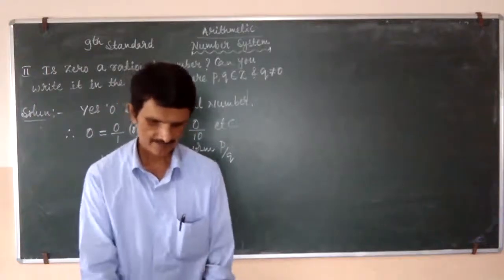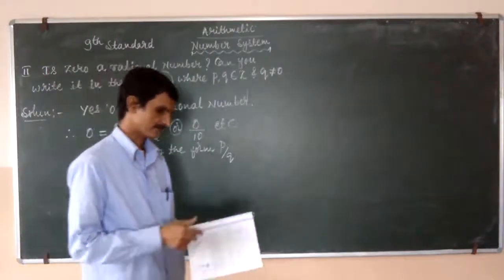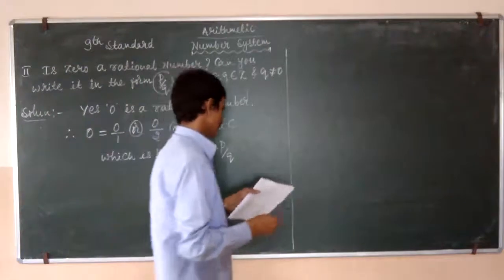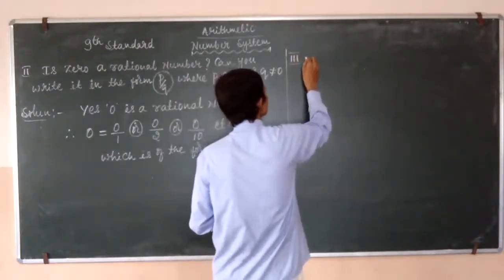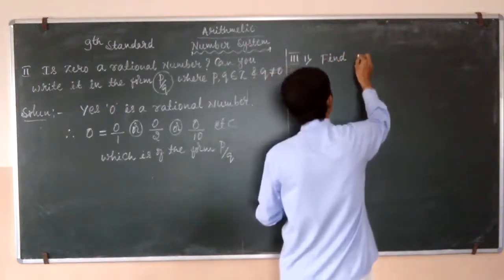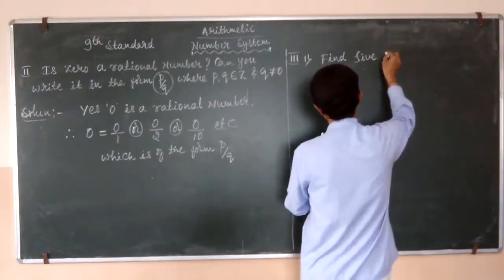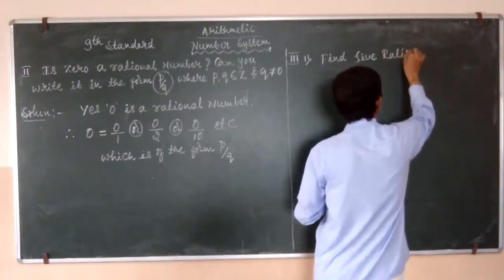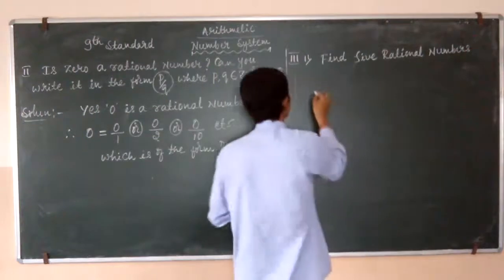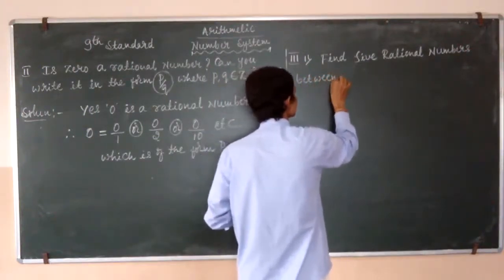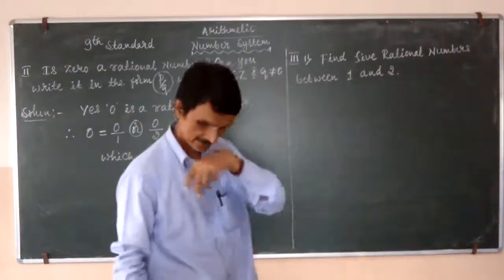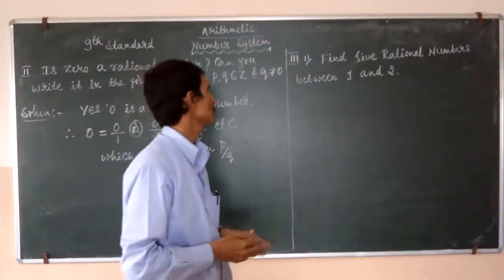Okay, students. We will see the next problem. Next problem is, find, this is the third line, find five rational numbers between 1 and 2.